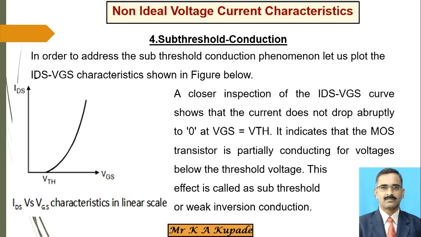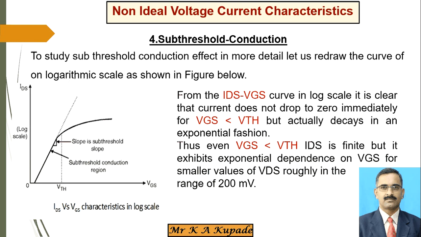This effect is called sub-threshold or weak inversion conduction. Remember this. To study the sub-threshold conduction effect in more detail, let us redraw the curve on a logarithmic scale as shown in the figure.